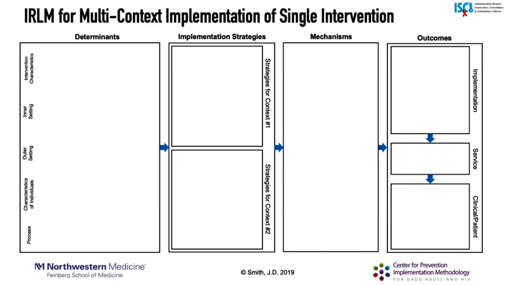We also have an implementation research logic model for multi-context implementation of a single intervention. So in certain cases, an intervention may actually involve 2 public service systems or 2 different healthcare system contexts. A good example that actually came from the EHE planning grant work, there is an intervention that is looking at how to connect adolescents who are in HIV care in the pediatric system as they transition to adulthood.